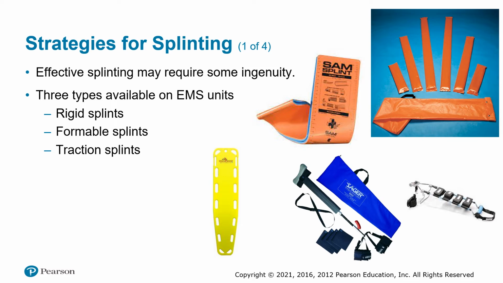It's a bipolar device where you can put both legs in the device. If they have bilateral femur fractures, you can put both legs on that device and traction both legs. The Hare traction splint is a single or unipolar traction device, and it only does one leg. And then there's also the KTD, which is another unipolar device.